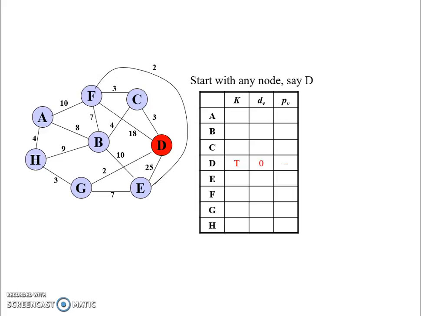Now we can find all the immediate neighbors of node D. Here the immediate neighbors of node D are C, E, F and G. And we place the cost of C, E, F and G from D in the place of dv, and we place the node D in the column of pv for the corresponding nodes.